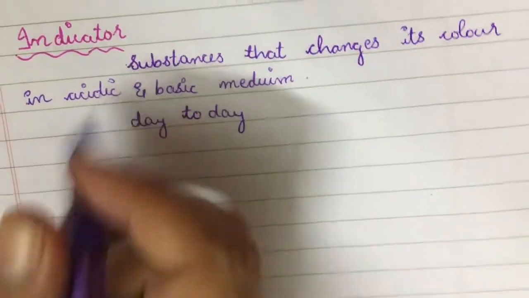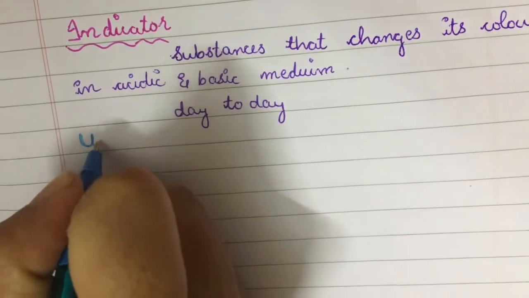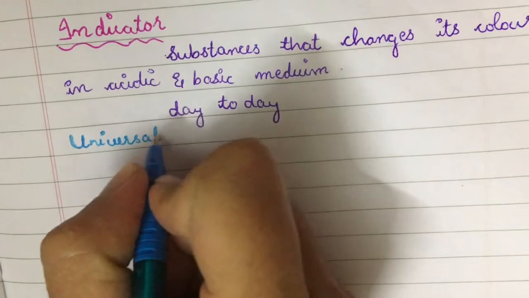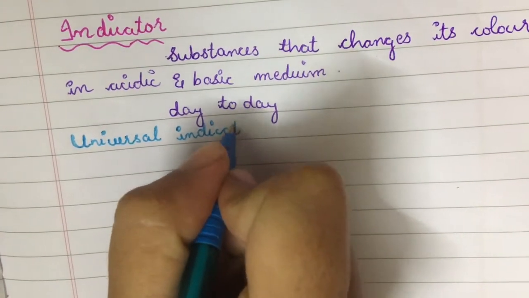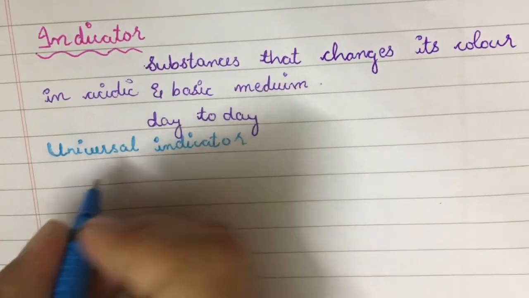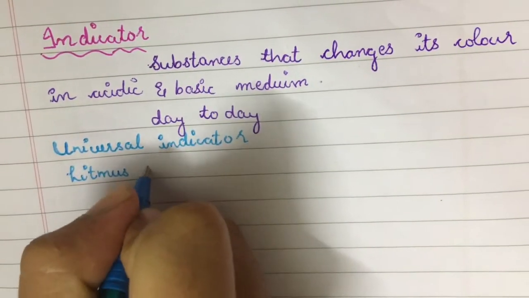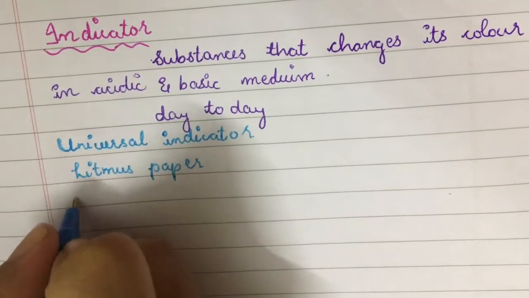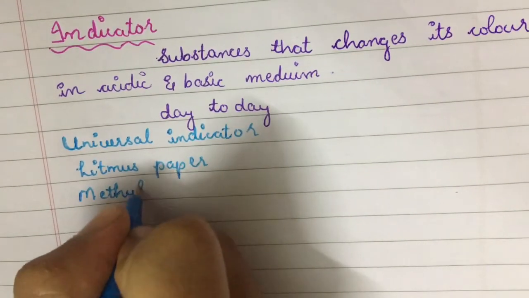Some common examples of indicators are universal indicator, which is given in your textbook and you will study it in detail, then litmus paper, then methyl orange, and phenolphthalein.